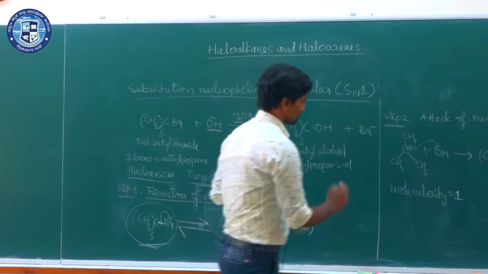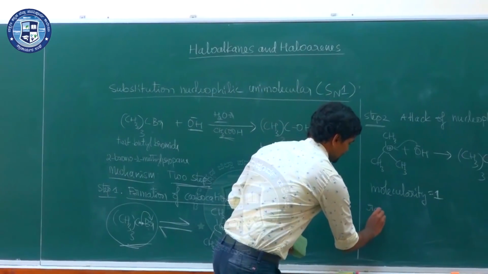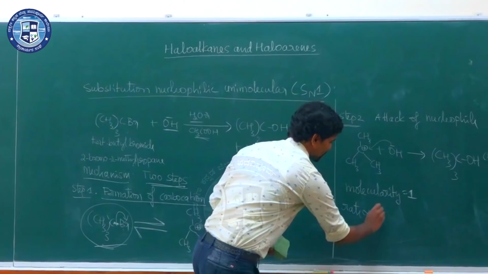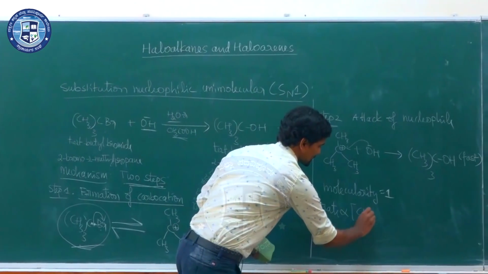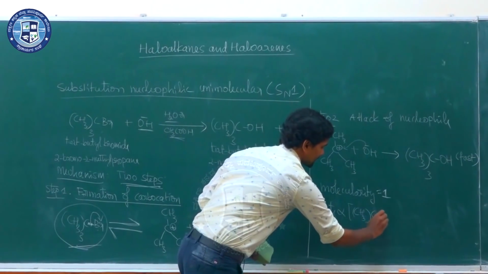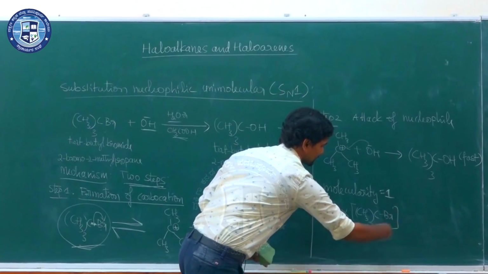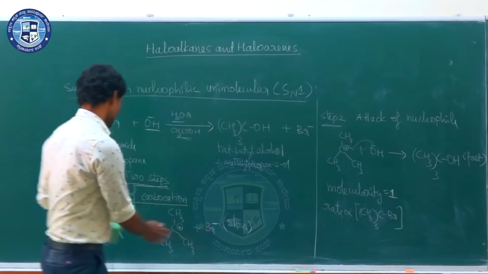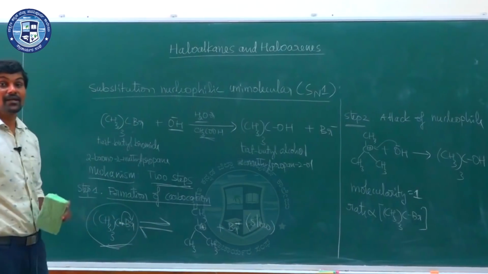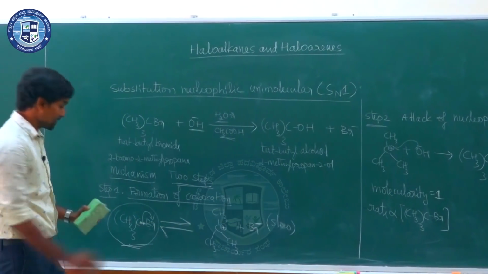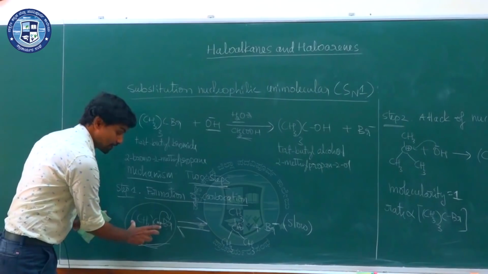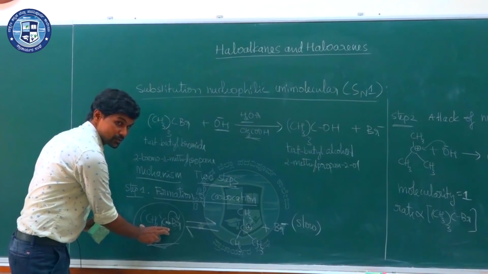Then what about the order of the reaction? In this case, rate is proportional to the concentration of tertiary butyl bromide only. First step is the rate determining step, and in that step you find only tertiary butyl bromide.